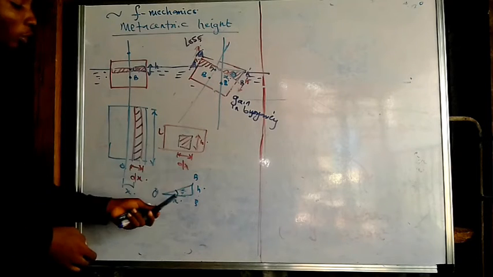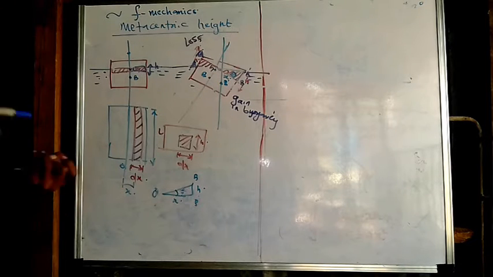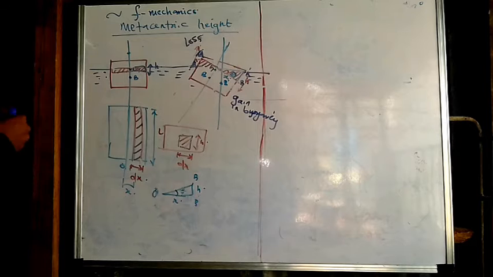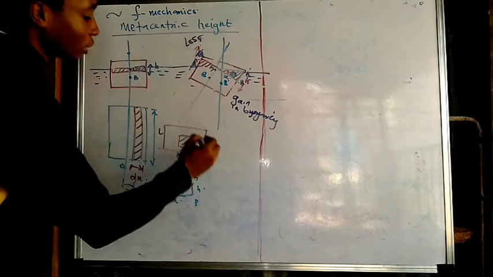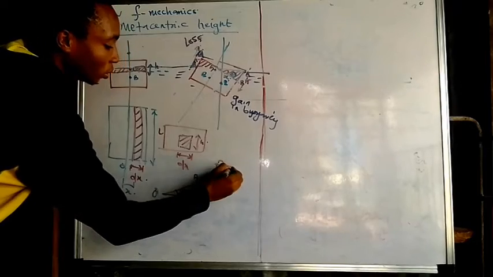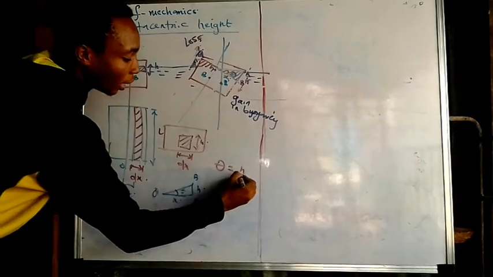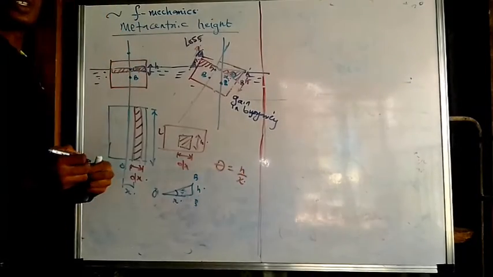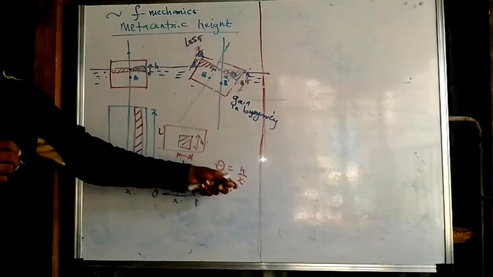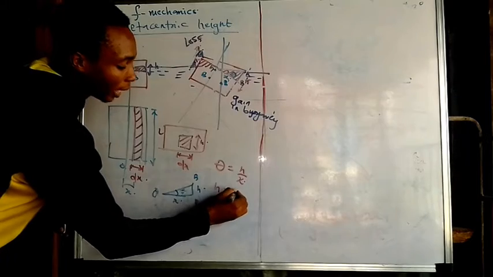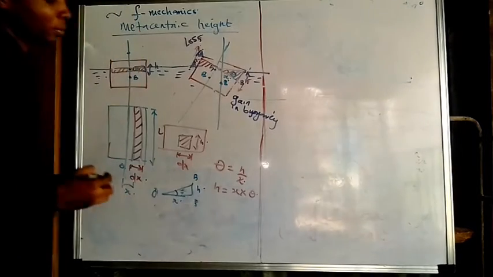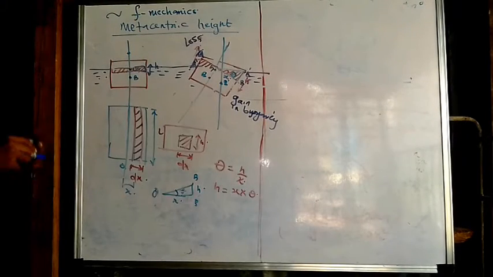Since theta is a very small, negligible angle, we assume theta is equal to h over x, where the height of my strip will be given as x times theta. Right? Now follow me step by step.